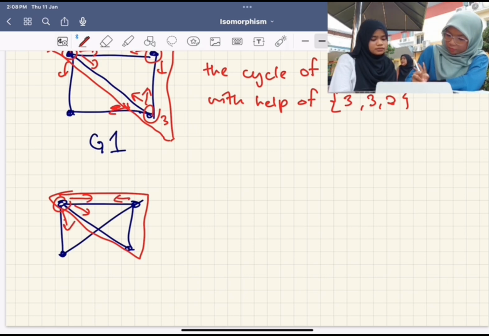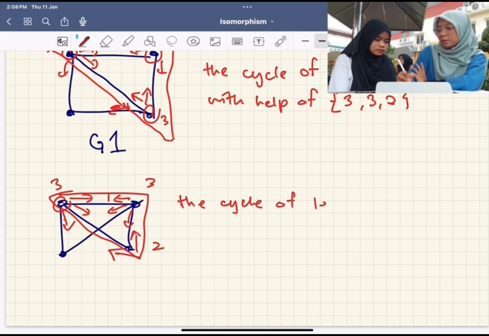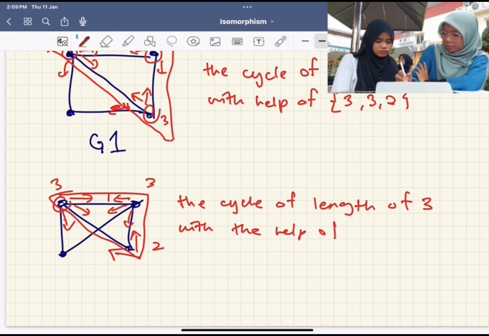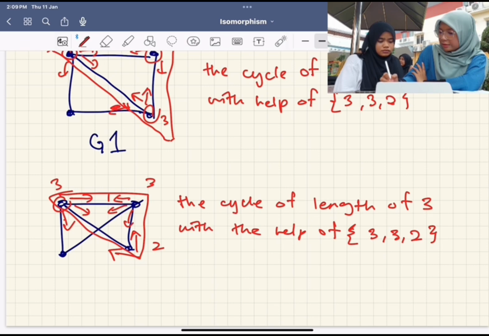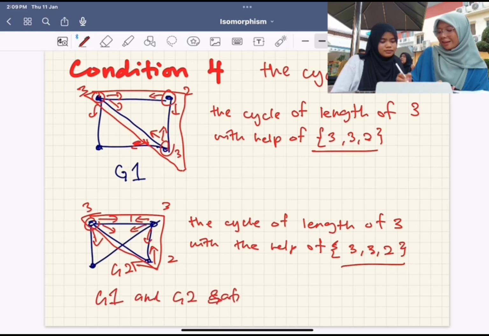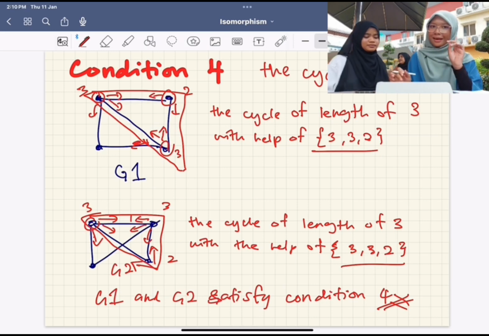This one 1, 2, 3, and this one is 2. So you can say that the cycle of length 3 has degrees 3, 3, 2 in both. They are the same, right? That's why you can say that G1 and G2 satisfy condition 4. Okay. But we haven't ended yet.